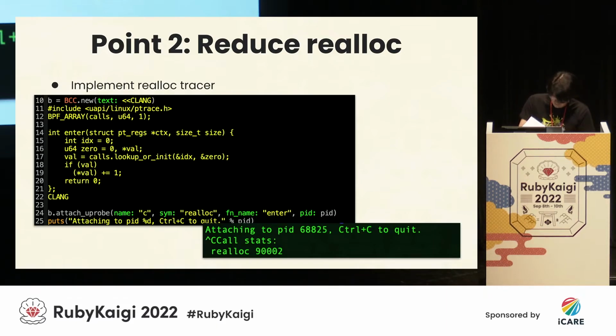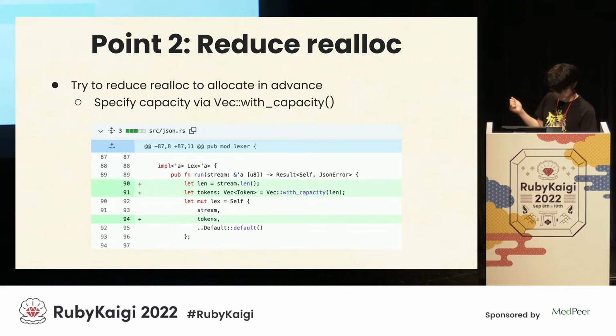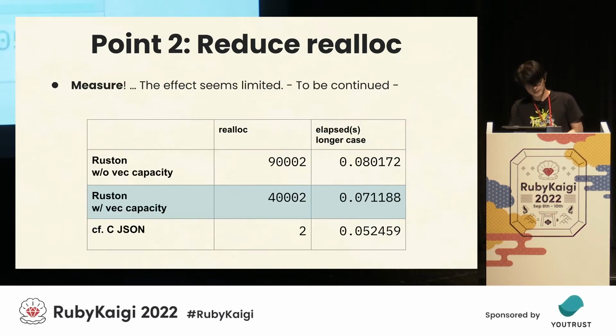So to reduce realloc, I tried to allocate the vector's memory in advance. So I specified the vector's capacity using Vec::with_capacity, and then measured it. But the effect seems to be limited, so to be continued.